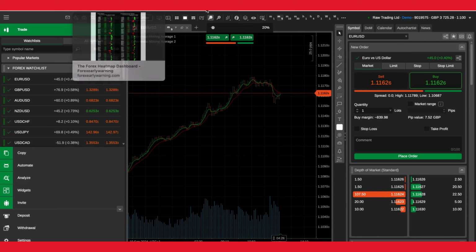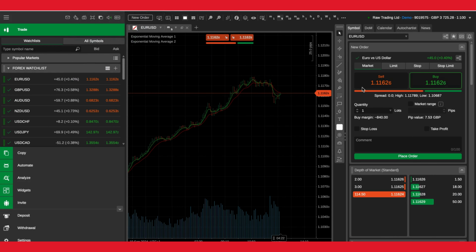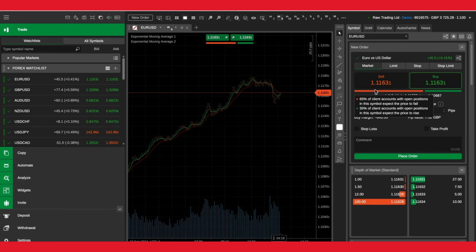If price has moved by 1%, if it's showing there on the heat map, that then means that it's moved by 111 pips. So from when that session started, the European session, it's moved by that number of pips, 111. That's quite a chunk of pips.